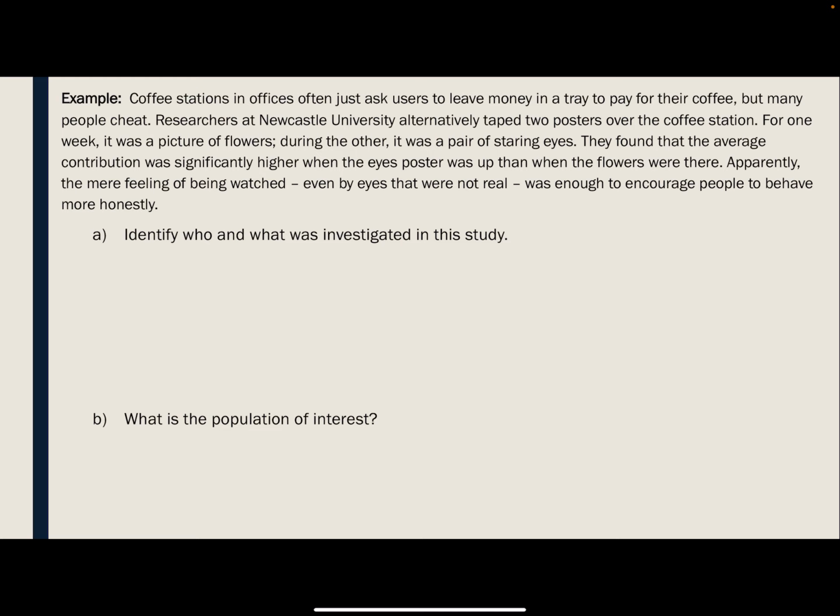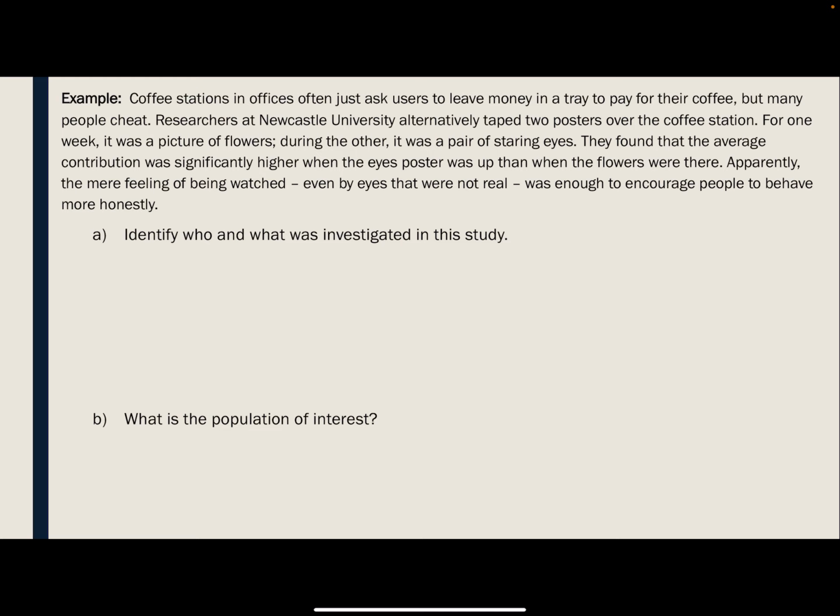They found that the average contribution was significantly higher when the eyes poster was up than when the flowers were. Apparently, the mere feeling of being watched, even by eyes that were not real, was enough to encourage people to behave more honestly. So in this case, we're looking for the who and the what.